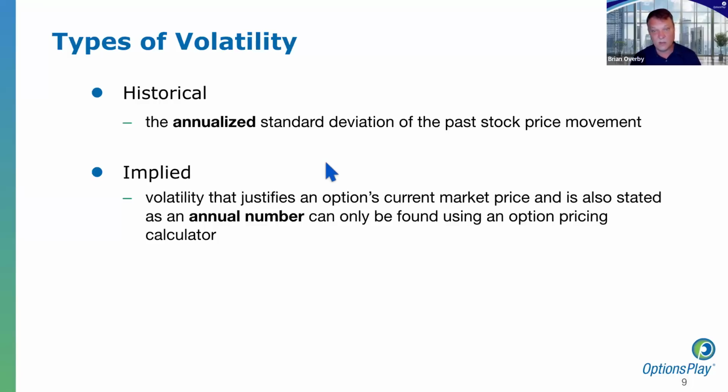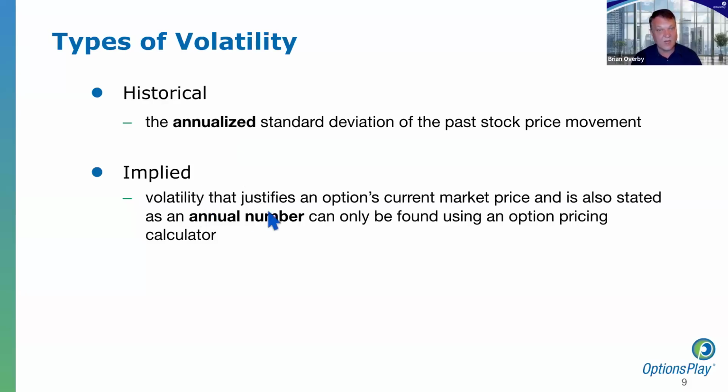It doesn't necessarily mean that the stock went up or the stock went down, but we can look at the past, look at the stock price movements, and come up with a number that we'll call historical volatility. Now, what's big is it's annualized. If it doesn't say 30-day or 60-day or 90-day historical, it's considered an annualized number, and that's fairly important if you want to understand the guts of an option pricing calculator, and that's what we're going to focus on today.